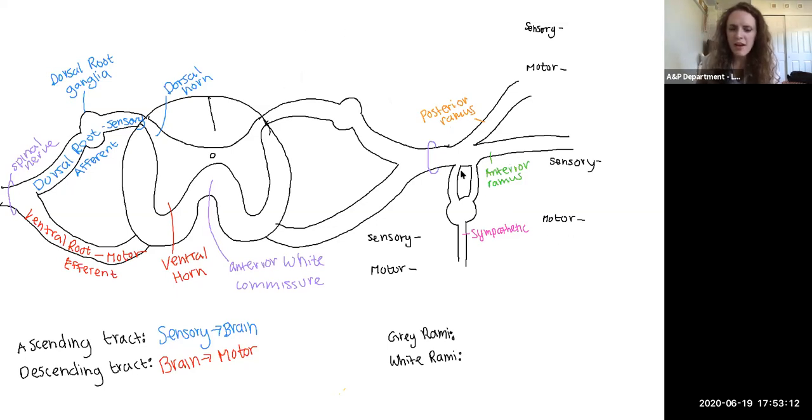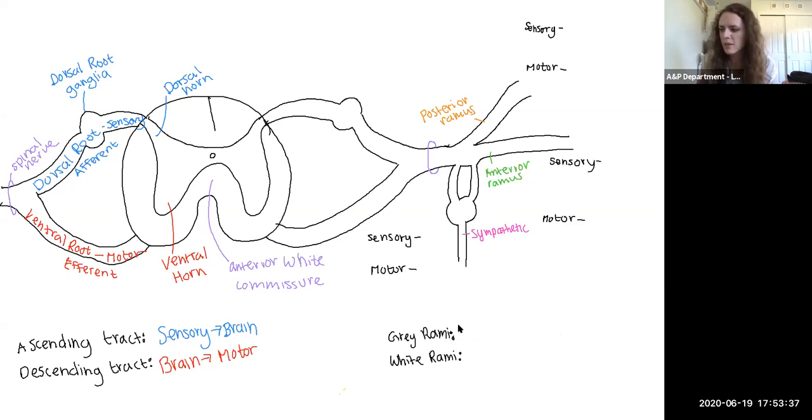Your sympathetic nerve has a gray rami and a white rami that feed into it. One is going to carry sensory and one is going to carry motor. What I want you to know is exactly what it says in your book. Literally just memorize the definition of the gray rami and the white rami, and know they are on that sympathetic nerve.